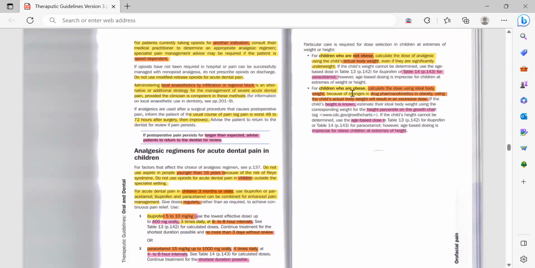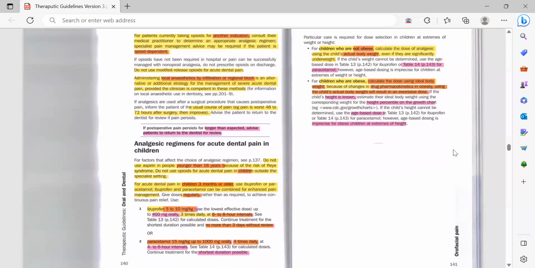But for the kid who is obese, you need to check their ideal weight, because otherwise if you calculate according to their exact weight, then the dose could go to a high percentile.